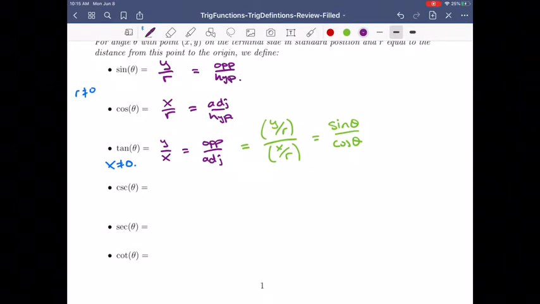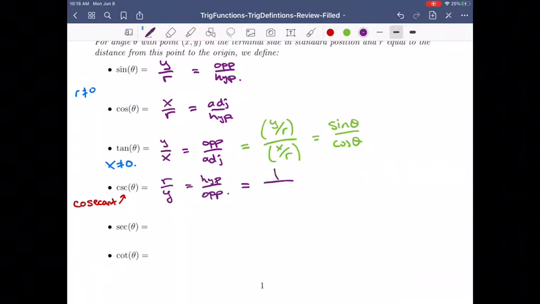Now cosecant, maybe I'm just going to write what these ones are. Cosecant is actually 1 over sine. The way it's defined is r over y, so it's the hypotenuse over the opposite.